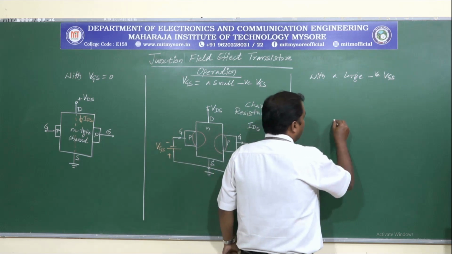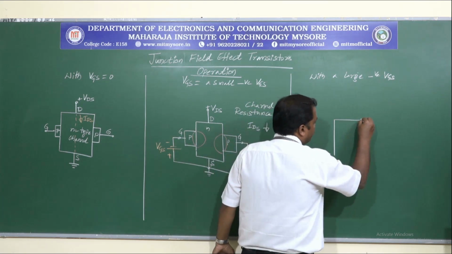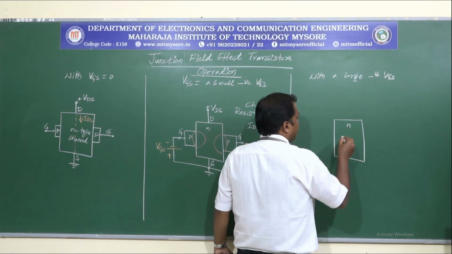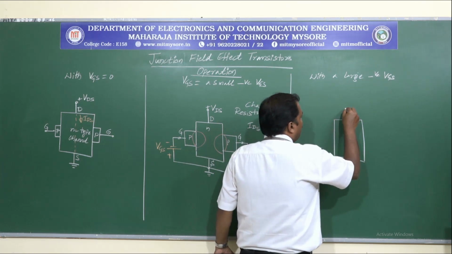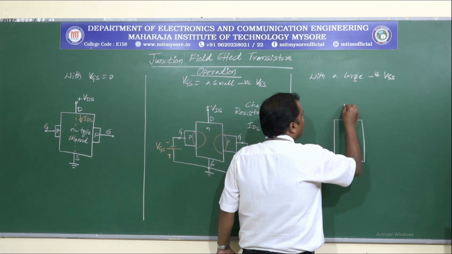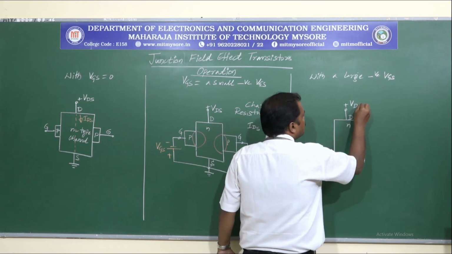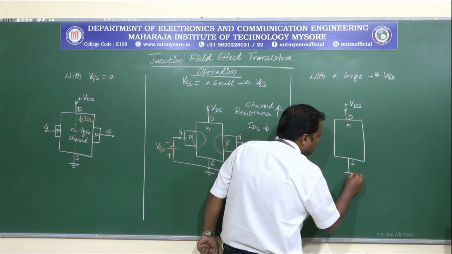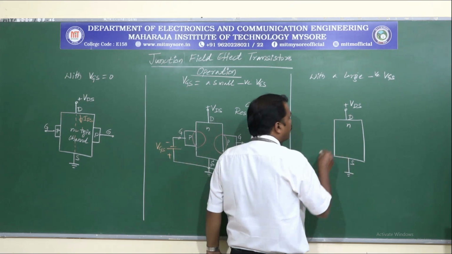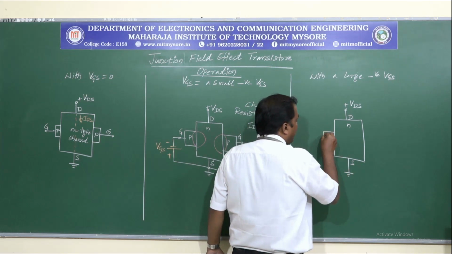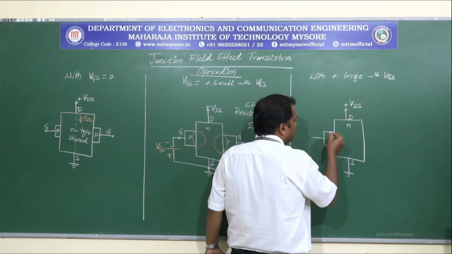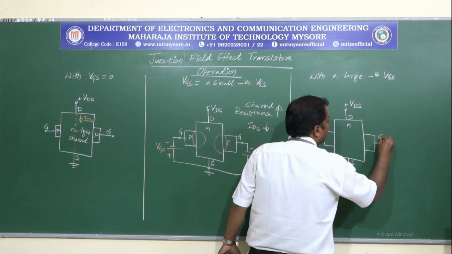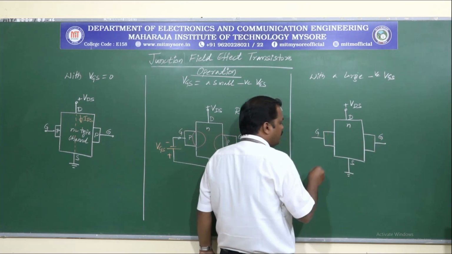So let me write again the diagram of the N channel JFET. This is N type, and here we have the drain terminal where we have connected a positive drain to source voltage. This is the source terminal which is connected to ground potential, and here we have the gate. This is also gate.